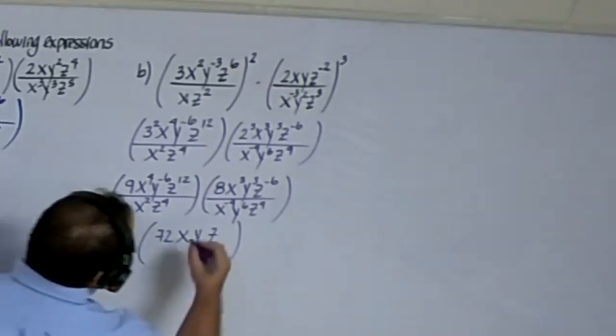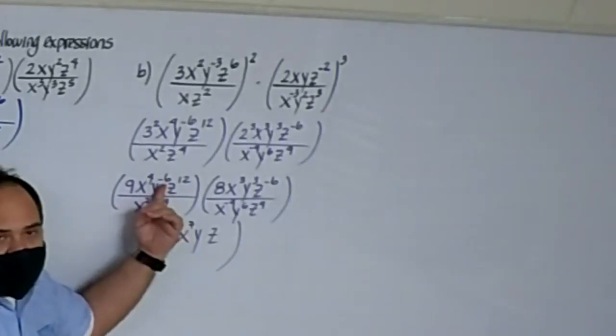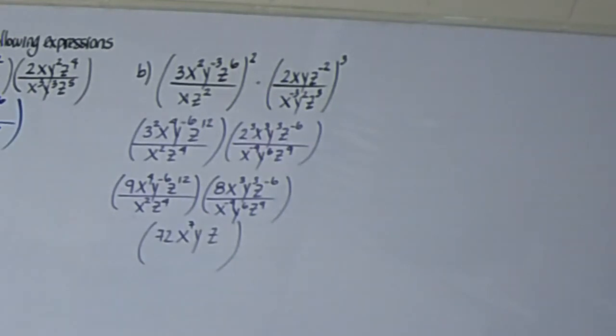Exactly, 7. Okay, check this out. This is negative 6 plus 3, which will be negative 3. Even though we're supposed to add, because we have a negative, negative 6 plus 3 will be negative 3.